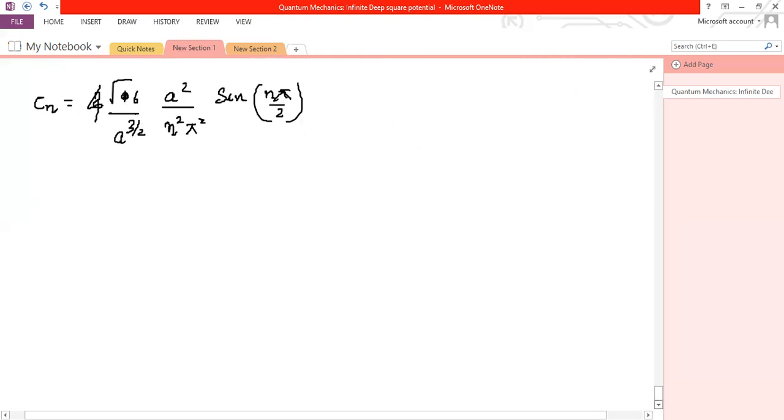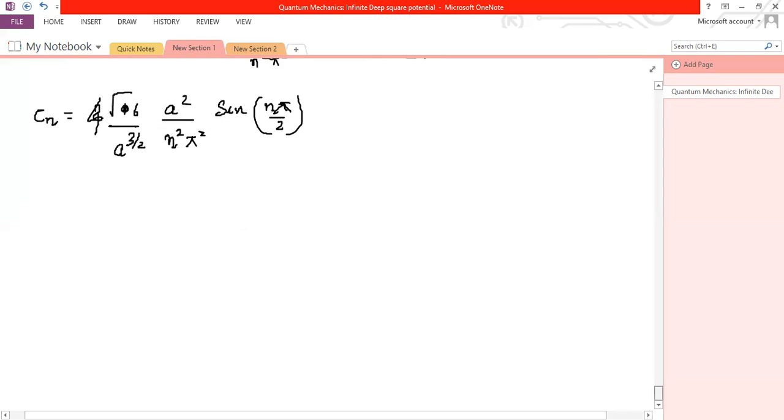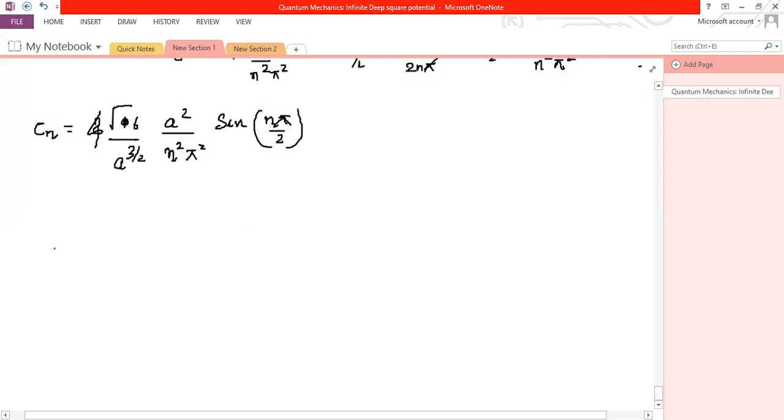It is a little elaborate problem, but your Cn is equal to 4 root over 6 a square, and this is a. So a square is here, and a raised to power 3 by 2 is here.